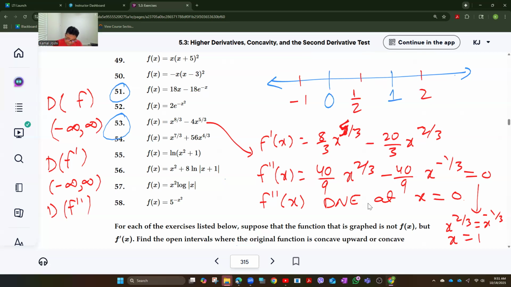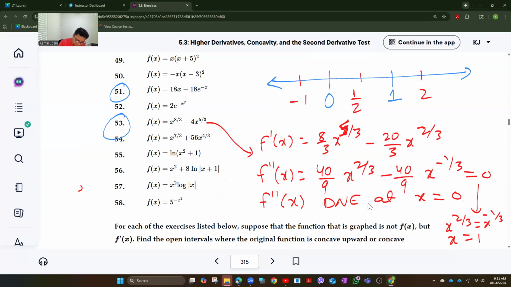Now at -1, if you look at the second derivative, f double prime at -1. I'm going to do another activity on the left side here of evaluating those values, which also will be useful for you. If you look at the equation, you see x to the power 2 over 3, it is squared, so it becomes positive. So that will become 40 over 9.